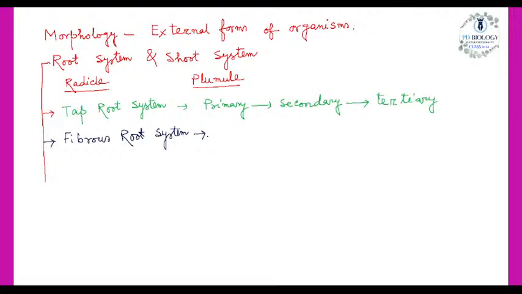Mostly in the monocot, fibrous root systems are there. So when the primary root system is replaced by a bunch of hair-like structure, these are fibrous root system. In wheat, in rice, these are the example.